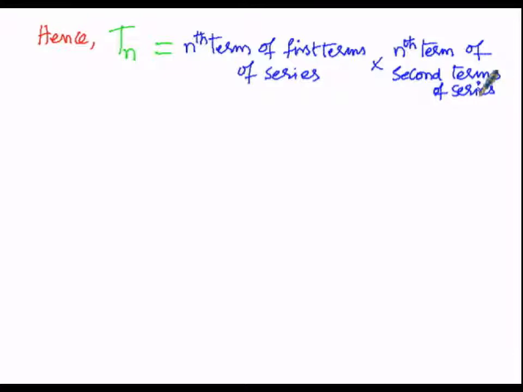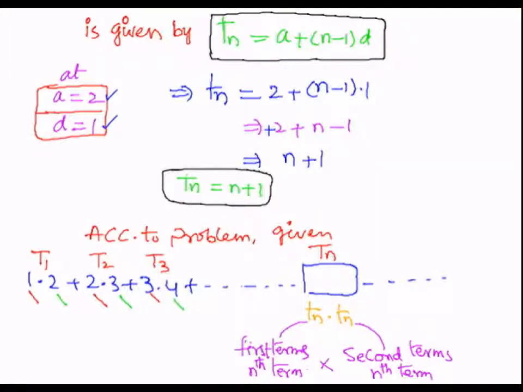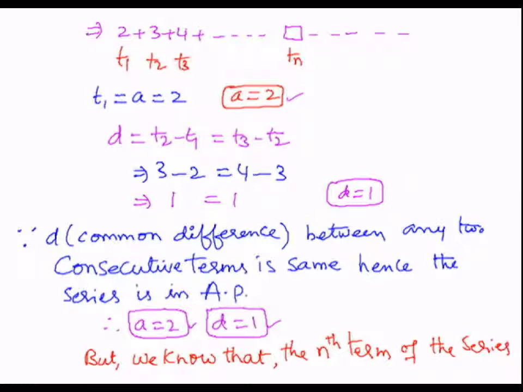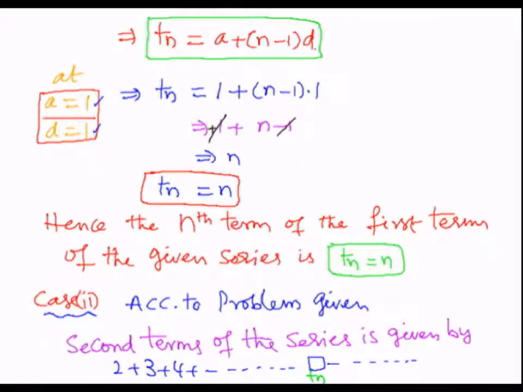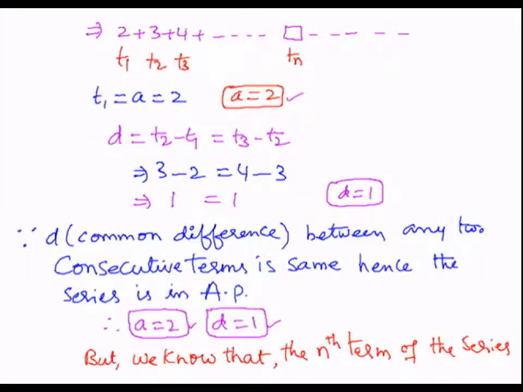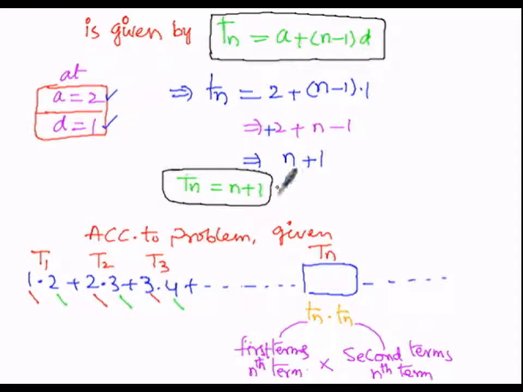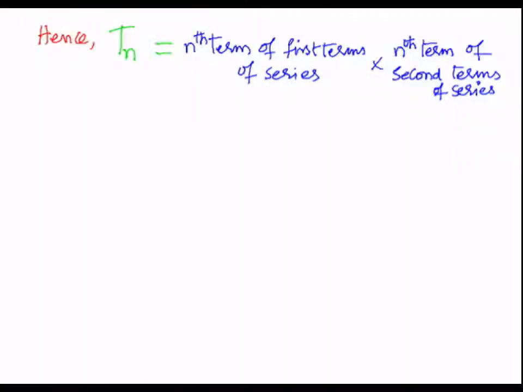As per the problem, we got the first term's nth term as n and the second term's nth term as n plus 1. Thereby, capital Tn will be given by n into (n plus 1).